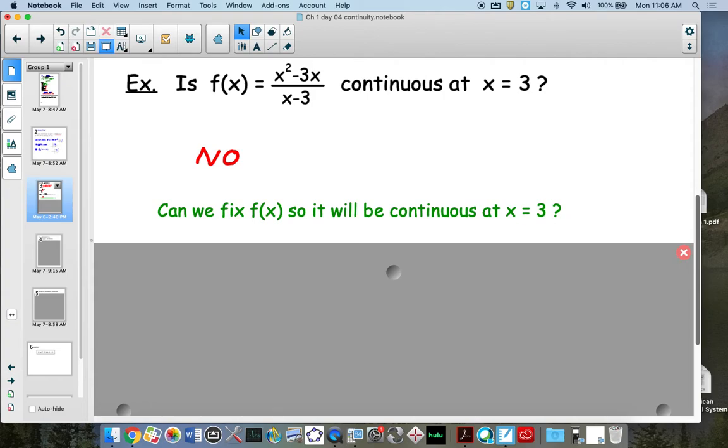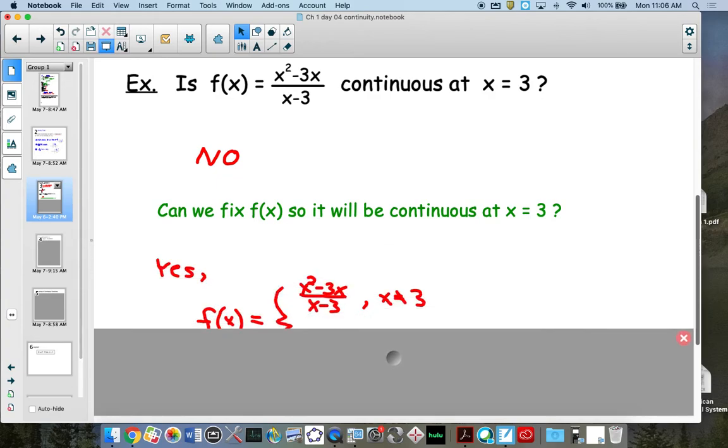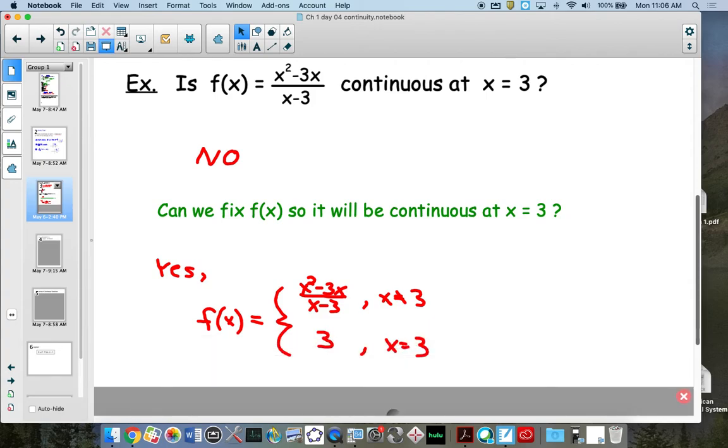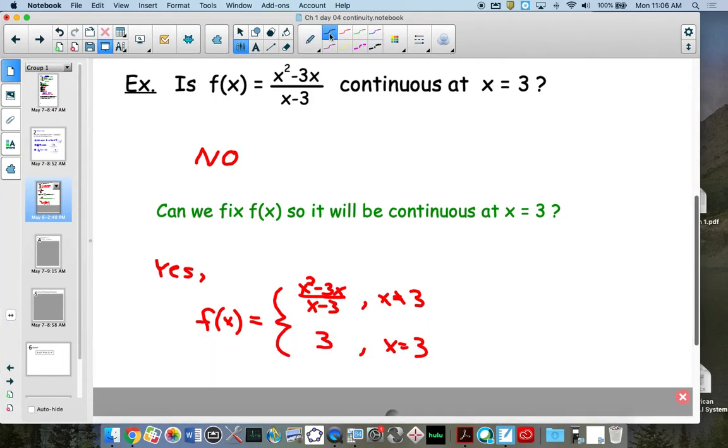And so here we have to investigate a little further. What's going on at x equals 3 or around x equals 3 for this function? Well, if you notice, for this function, I could factor an x out of the top.